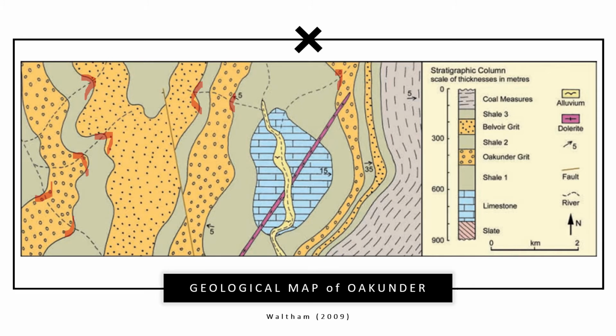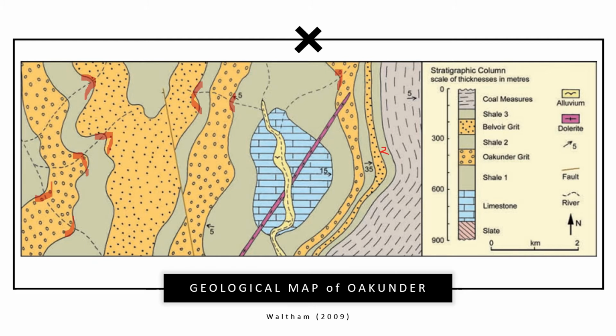So before we identify any dips using succession, first we're going to determine if the shales are shale 1, shale 2, and shale 3 in order to visualize if the map has a succession. In between the coal measures and the Belvoir grit is shale 3.